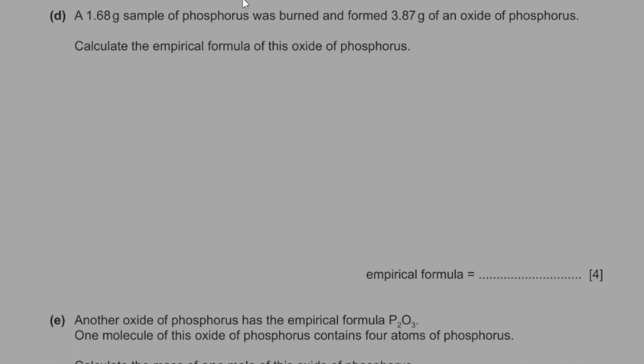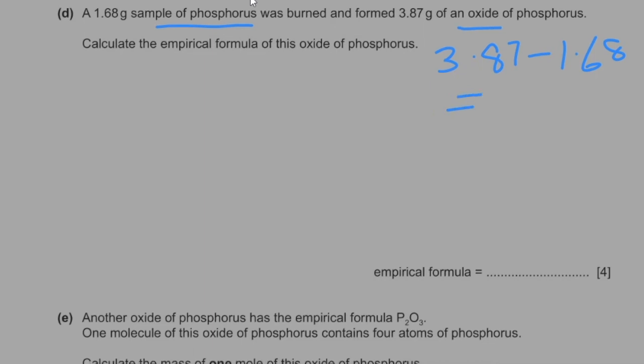So I'm going to be using the concept that total mass of all reactants is equal to total mass of all the products, and that means since we have mass of phosphorus, we only need to calculate the mass of oxygen, which can be calculated by subtracting the mass of phosphorus from the mass of product. And so this gives the mass of oxygen as 2.19.